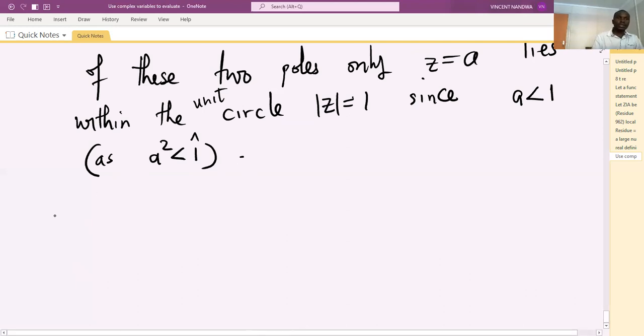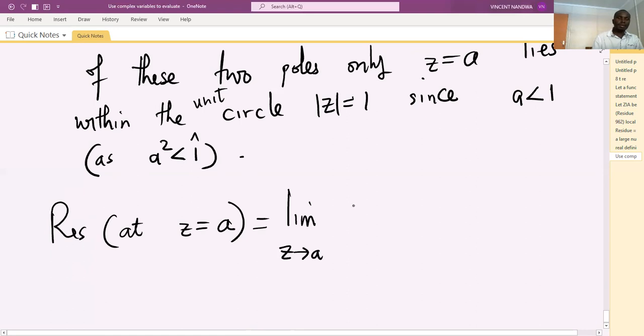So the residue at z equals a will be given by the limit as z approaches a of z minus a times f of z, this by definition.